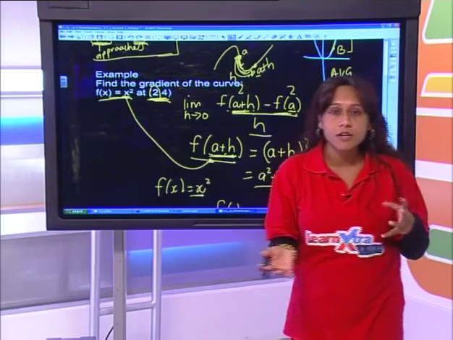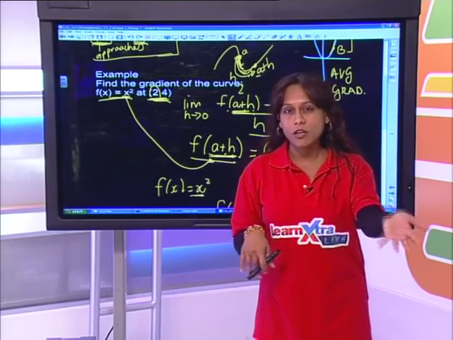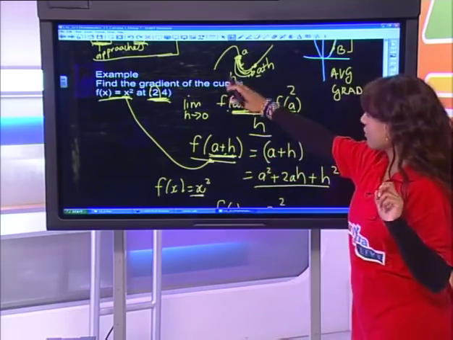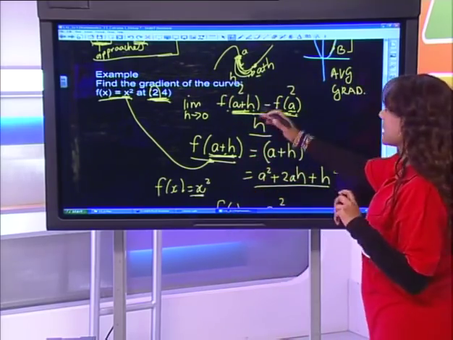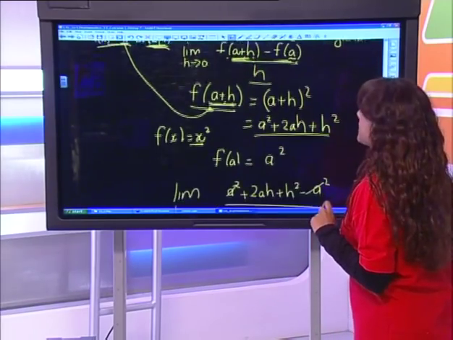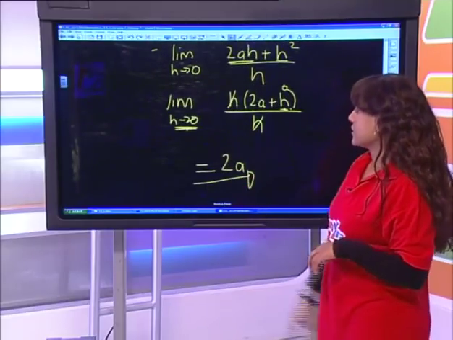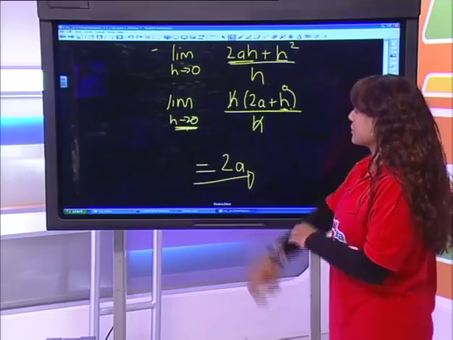So I could have done it that way, and if that's the way you saw it, then perfectly fine, you can do it that way. Alternatively, you could use the whole formula as I've done, plug it into our f of x is equal to x squared, plug in your values, and you'll get a gradient in terms of a. So we get the gradient is equal to 2a.